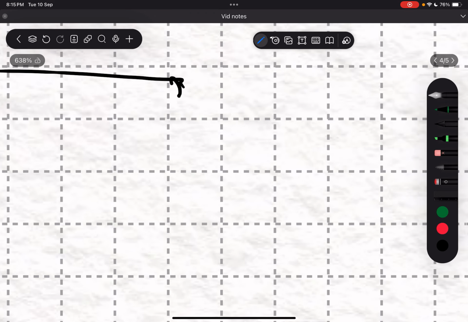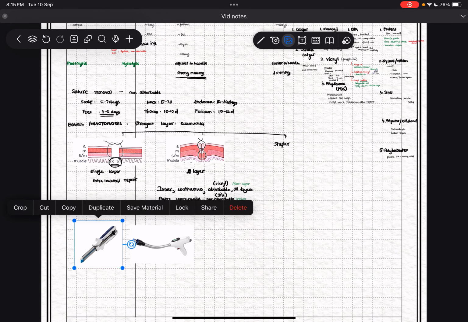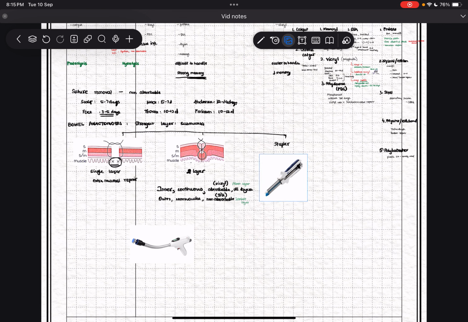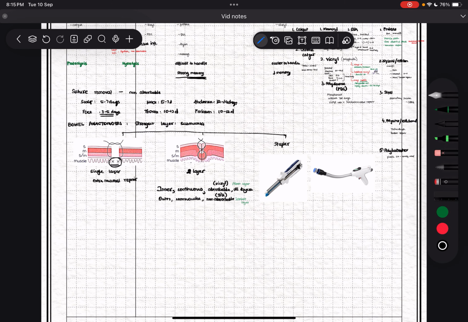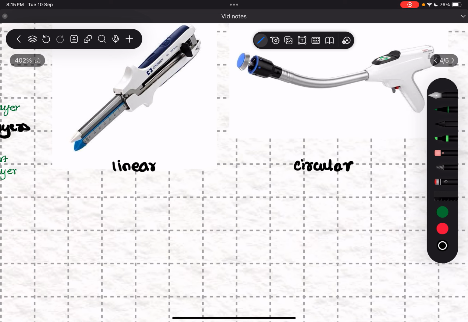And then we have got staplers. The staplers are two of these. This is a linear stapler and this is a circular stapler. The linear stapler is used in side to side anastomosis, in sleeve gastrectomy and Zenker's diverticulum.